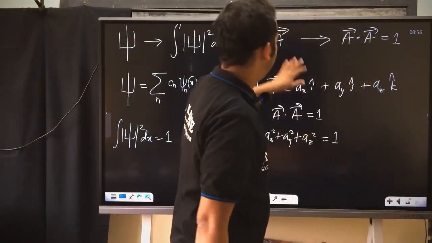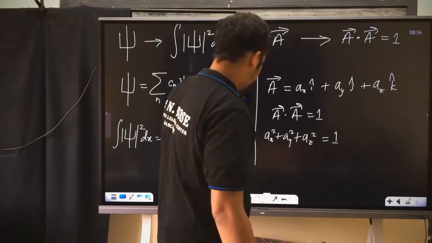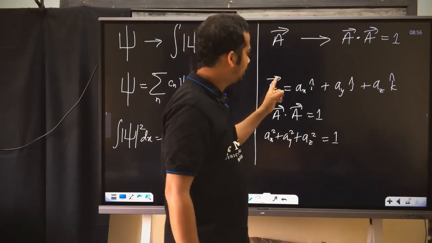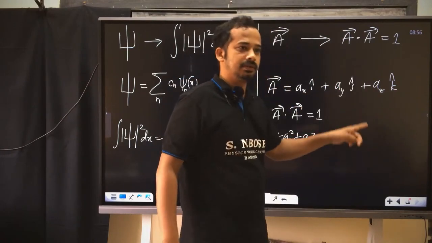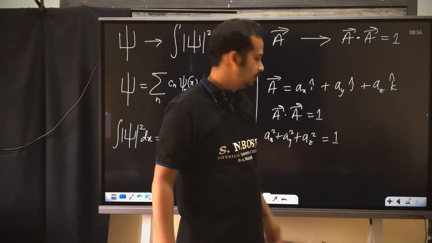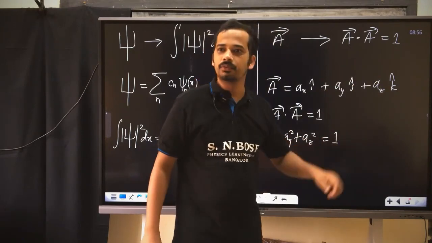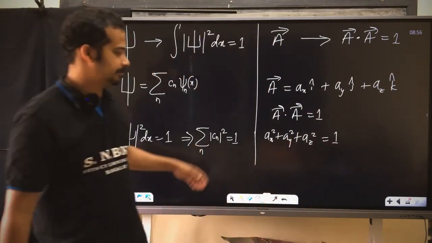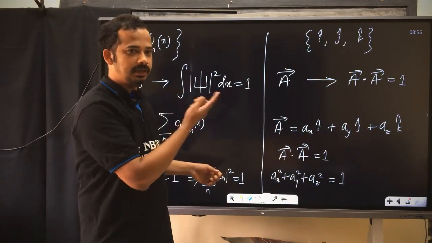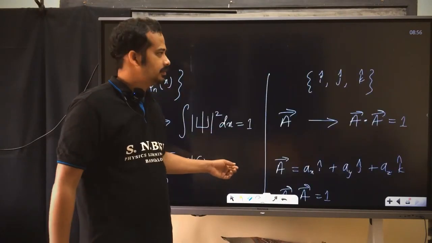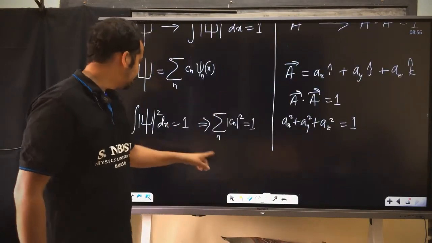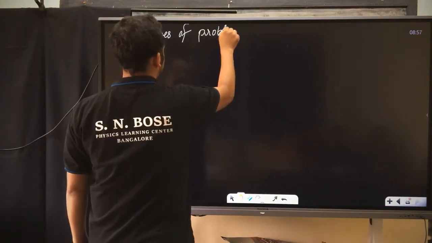Similar to taking a unit vector and expanding it in terms of orthogonal unit vectors, the coefficient squares add up to 1. Very similar. Can you find the analogy here? And we can prove this one actually.